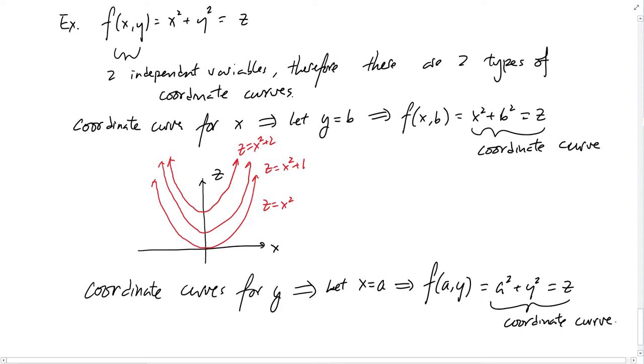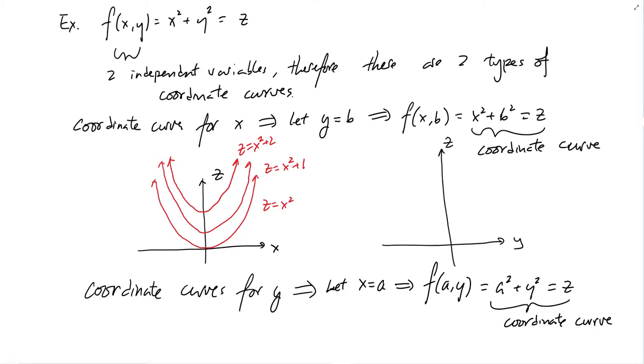All right. I note that this is also a parabola, but notice that this parabola is actually on the yz plane. So I'm going to draw that next to it so you can see this is the yz plane. And the parabola would basically be exactly the same thing.